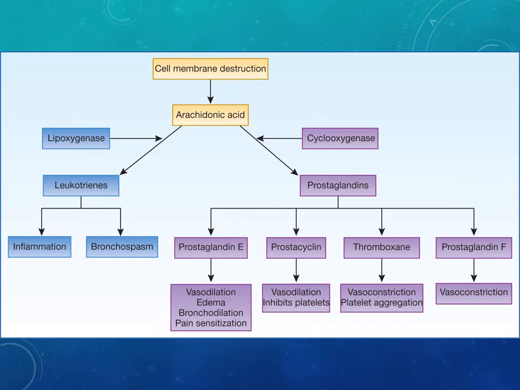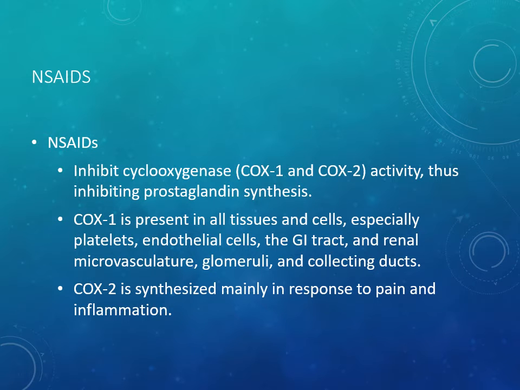COX is an enzyme which produces prostaglandin H2 from arachidonic acid, and the two cyclooxygenase isoenzymes that have been identified are COX-1 and COX-2. COX-2 inhibitors were developed to decrease GI bleeding side effects.